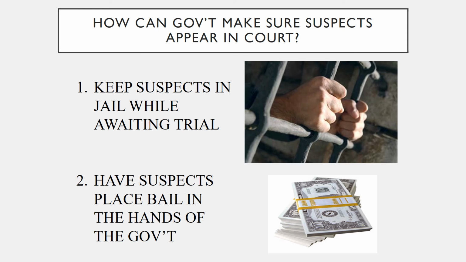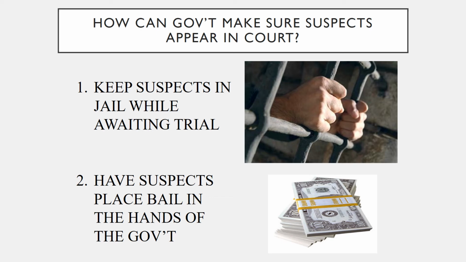Now, on the issue of bail and fines, when a person is arrested for an alleged crime, there are a couple of ways that the government can make sure suspects appear in court. So a judge will assign an initial court date for that person who has been accused of the crime.